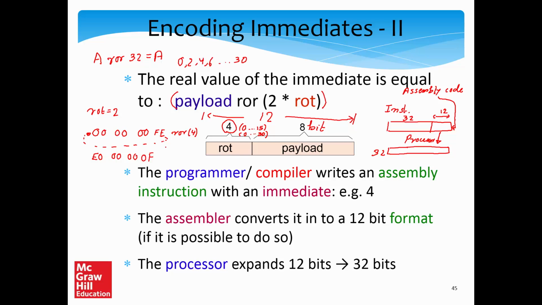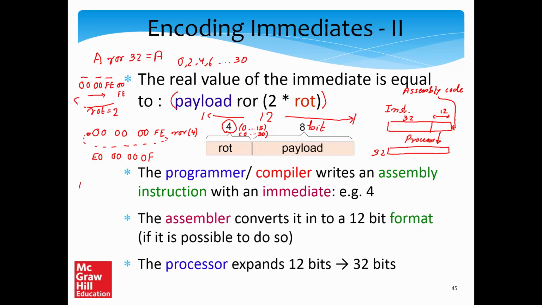For example, it is very easy to encode a number of this fashion in the ARM ISA. I have FE over here and I right rotate it by a certain number of positions till it reaches over here. How many positions would this be? If I right rotate FE by 8 positions, it will reach here. 16 positions, it will reach here. 24 positions, it will reach here.